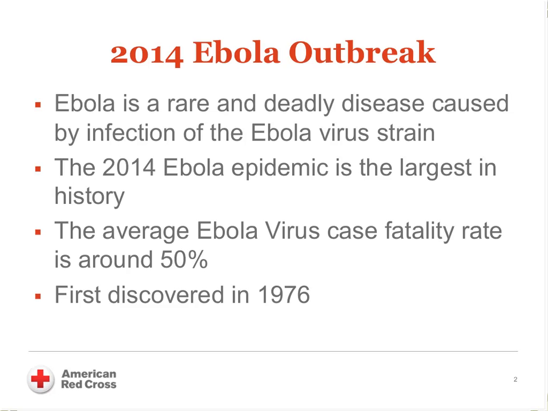The 2014 Ebola epidemic is the largest in history, affecting multiple countries, primarily in West Africa. This specific outbreak has a fatality rate of around 50%. Fatality cases in the past have ranged from 25 to 90%.